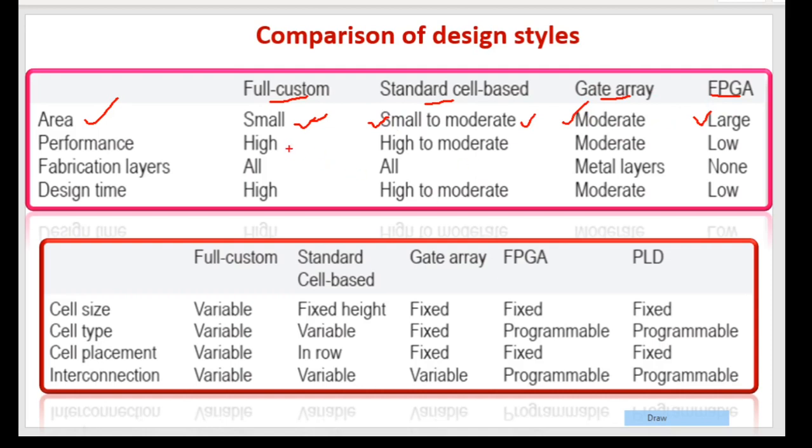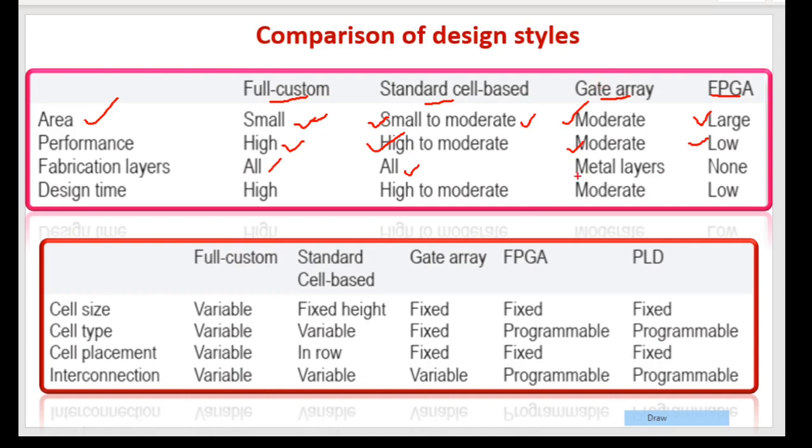Performance wise, again, full custom will give you the highest performance. Standard cell based design gives high to moderate, gate array moderate, and FPGA low performance, right? Fabrication layers: in full custom, all fabrication layers. Again in standard cell based design, all fabrication layers.